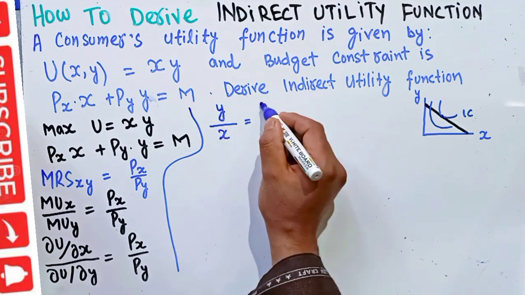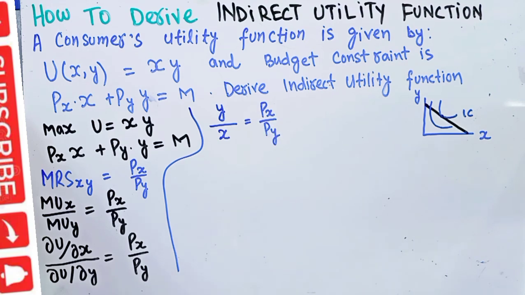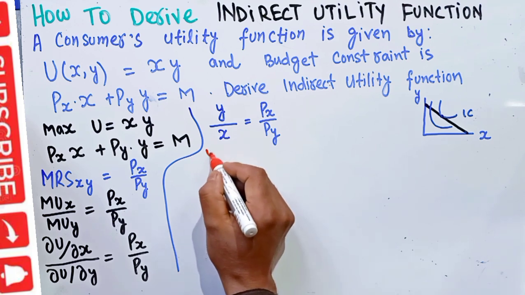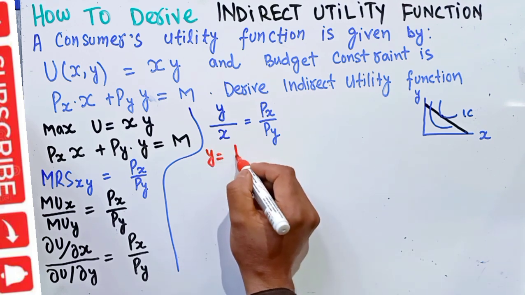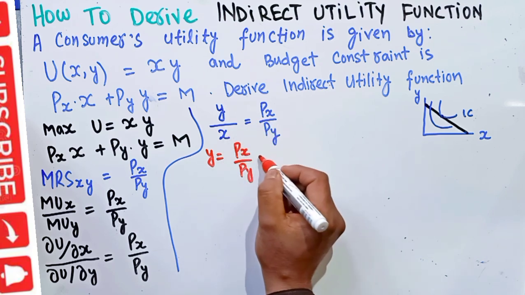It should be equal to the ratio of the prices, price of x upon price of y. Let us solve it for y here. So our y will be equal to price of x upon price of y times x; transposing this, it gets multiplied.